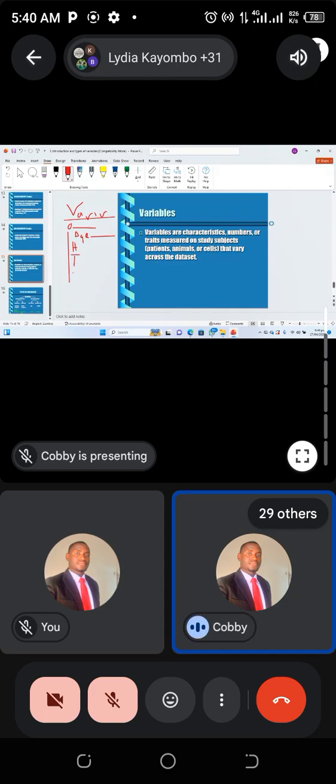We're going to get BP. So these are variables. A variable is a characteristic, numbers or traits that are being measured on the study subject.